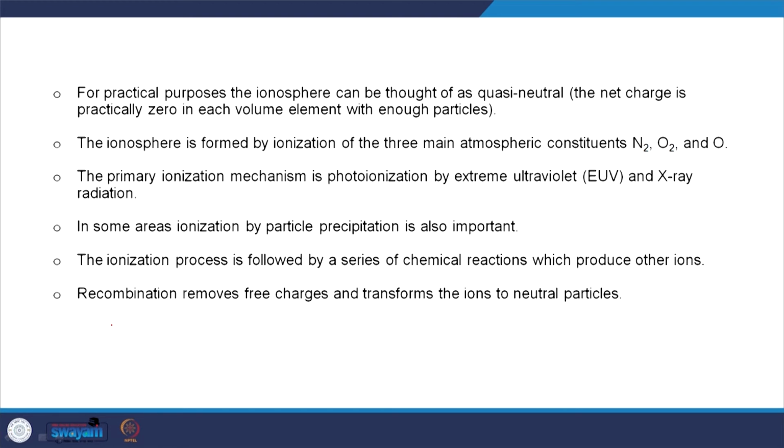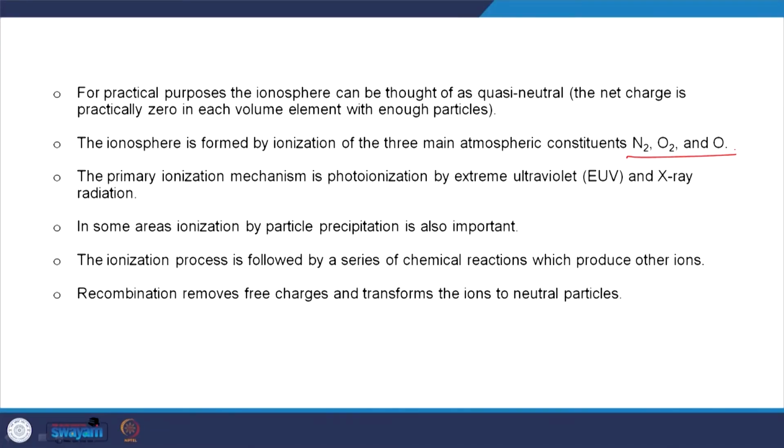The ionosphere is formed by ionization of three main atmospheric constituents: nitrogen, oxygen and atomic oxygen. We already know that these are the primary chemical species in the atmosphere, and they have to be ionized to release electrons. The primary ionization mechanism is photoionization by extreme ultraviolet radiation and X radiation.